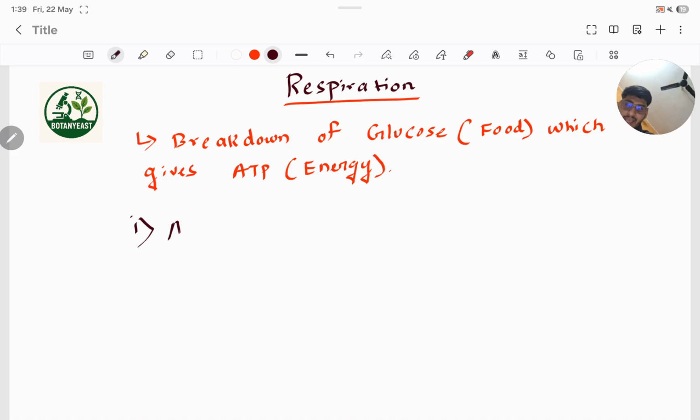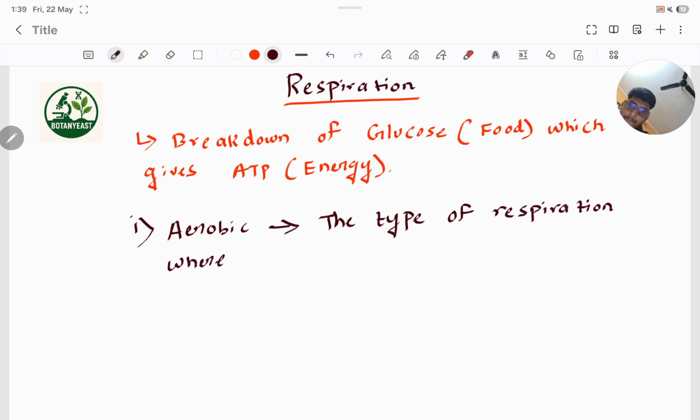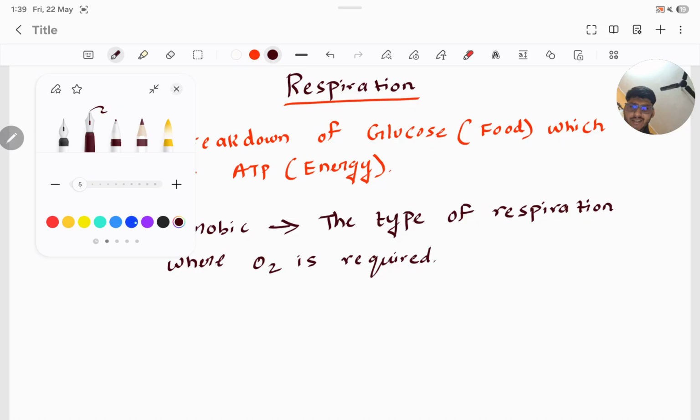One is aerobic. What is aerobic respiration? It is the type of respiration where oxygen is required. We all know that reaction.